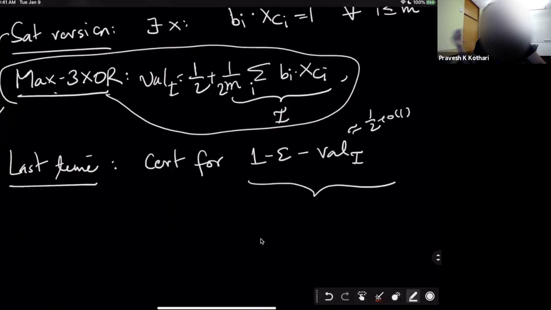In fact, if you take n over epsilon squared constraints, then we proved by a union bound argument that this is at most half plus epsilon with 99% probability. So this polynomial is certainly non-negative over the hypercube, because for tiny enough epsilon, 1 minus epsilon will exceed half plus epsilon. But we were hunting for low degree certificates of non-negativity.